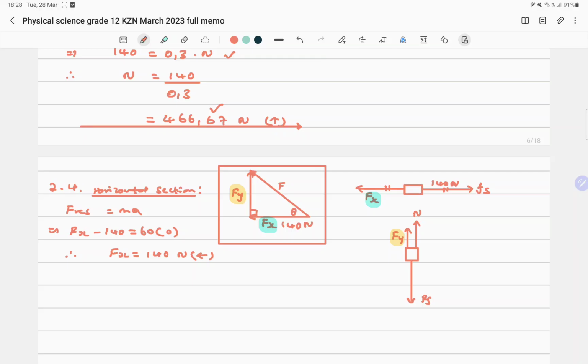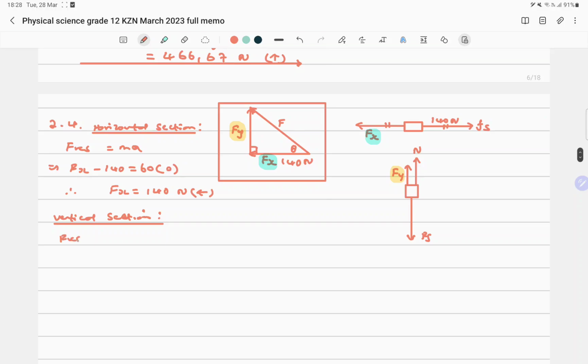So our triangle is starting to fill up. We can say vertical section. What is happening in the vertical section? We also know that the resultant force is equal to ma, which implies that Fy plus the normal force minus the gravitational force is going to be equal to ma.